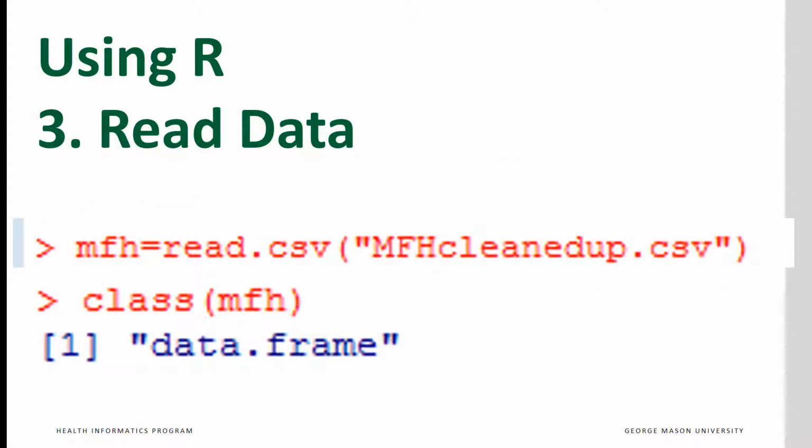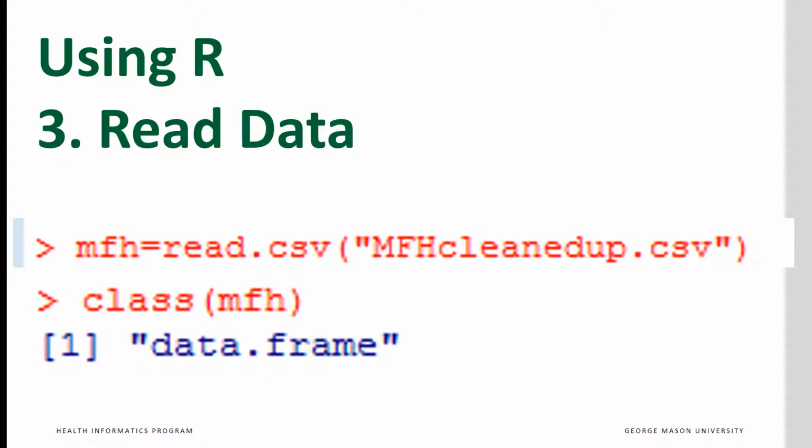The easiest way to read data into R is to use comma-separated variable CSV files. Our data file is titled mfhcleaned-up.csv, and to read this into R, we need to use the read.csv command. What we have done here is to tell R to read the data into an object called mfh in our R workspace.